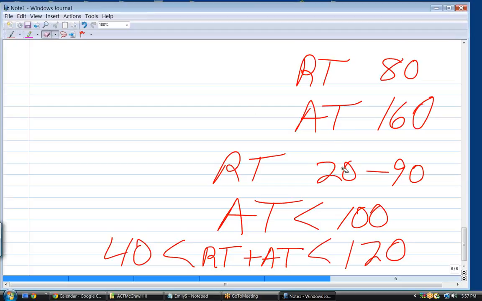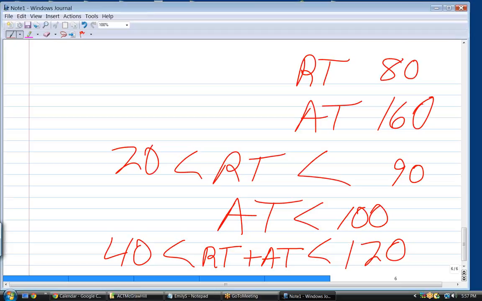And real trees have to be greater than 20 and less than 90. The store is short of cash this year. Oh no. But requires that the number of artificial trees ordered must be more than or equal to 2/3 the number of real trees. So it has to be greater than that.